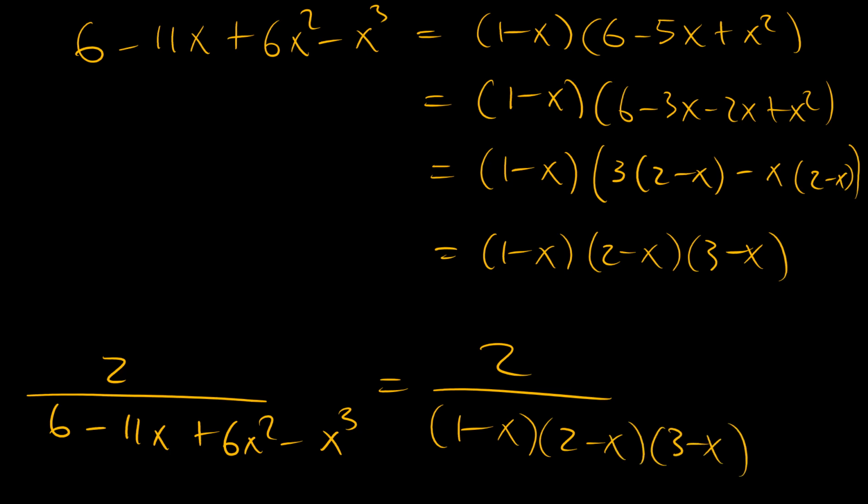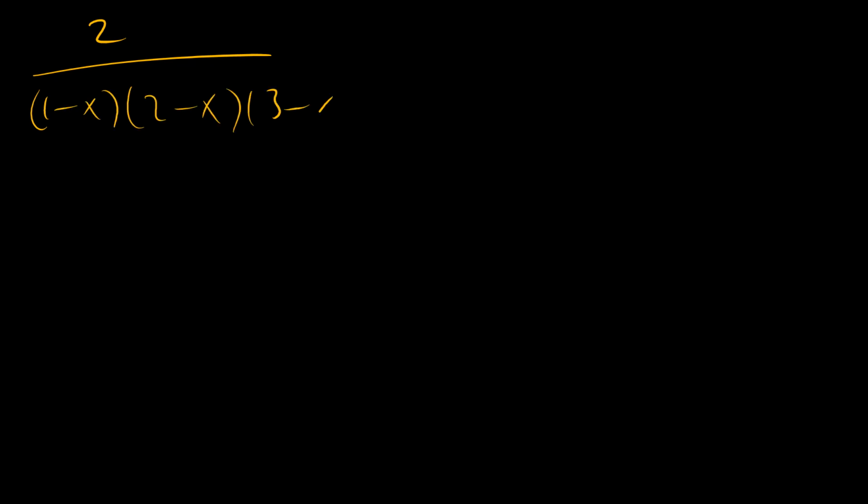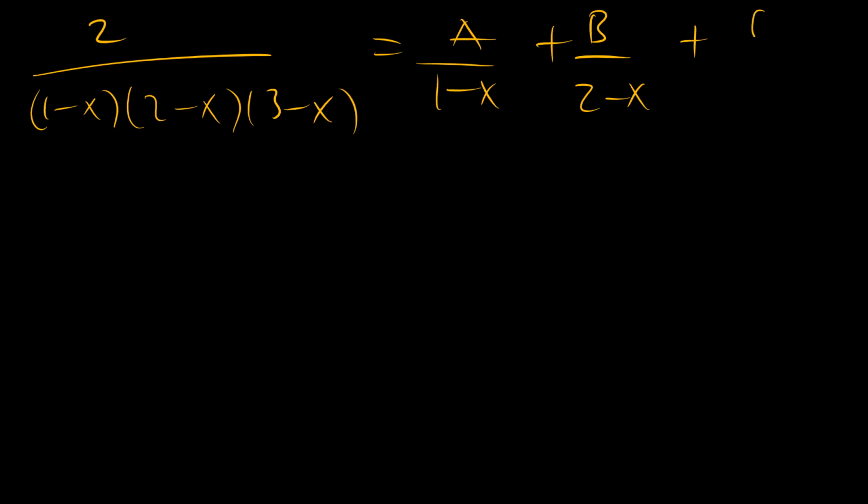So let's do some partial fraction decomposition and see how that goes. So if 2 over 1 minus x, 2 minus x, 3 minus x equals A over 1 minus x plus B over 2 minus x plus C over 3 minus x.